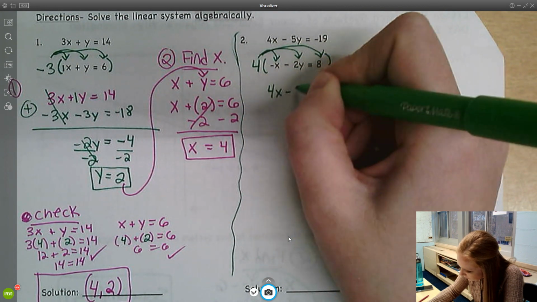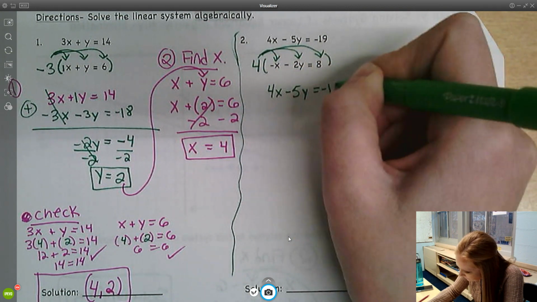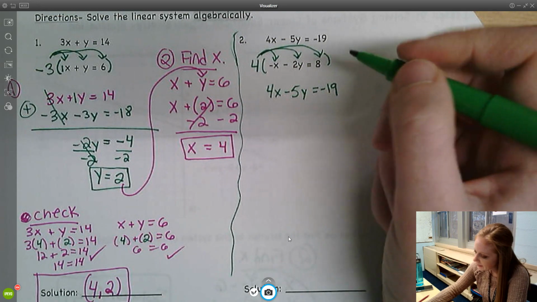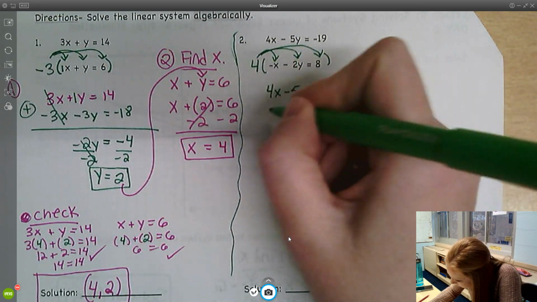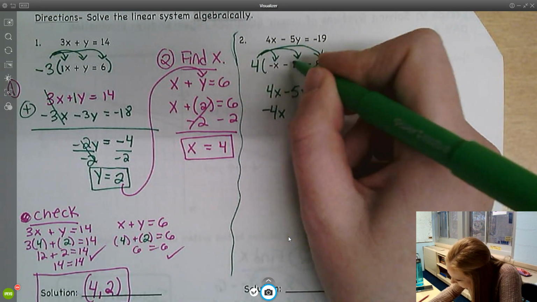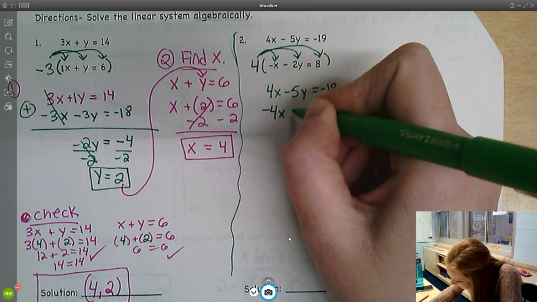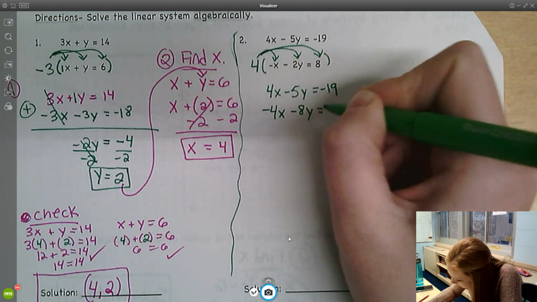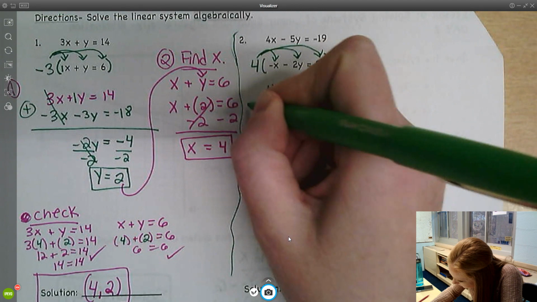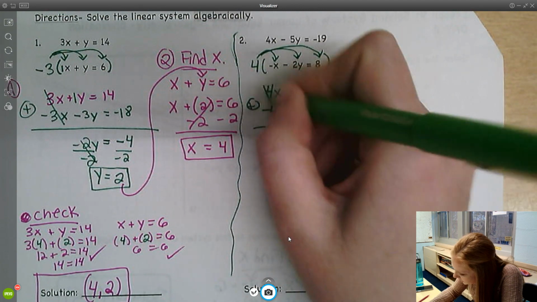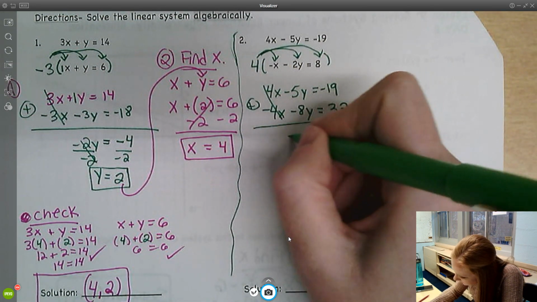So I'm going to rewrite my first equation. And then for my second equation, 4 times negative 1 is negative 4x. 4 times a negative 2y is going to give me negative 8y. And 4 times 8 is 32.